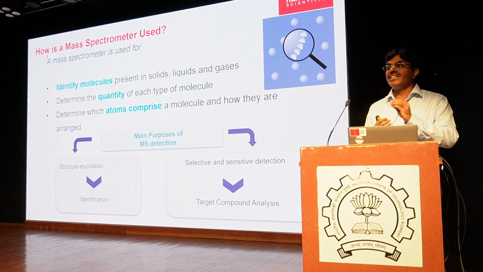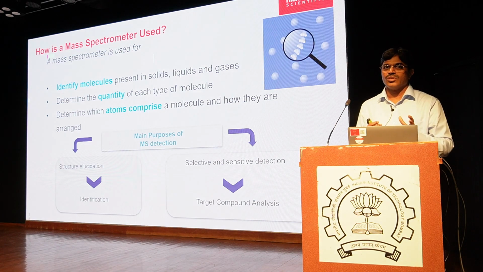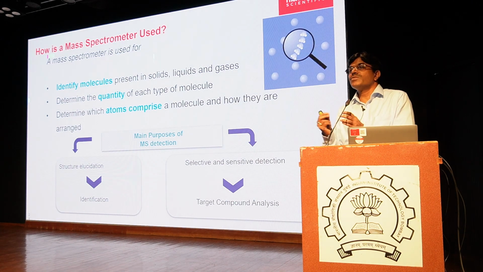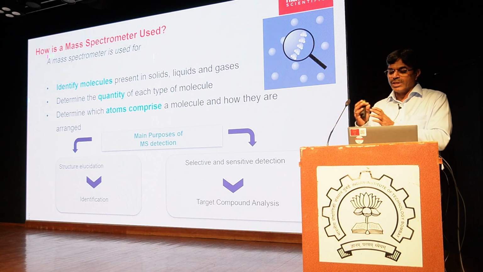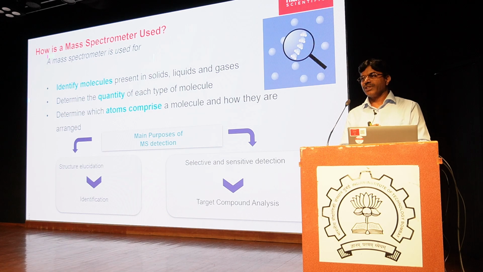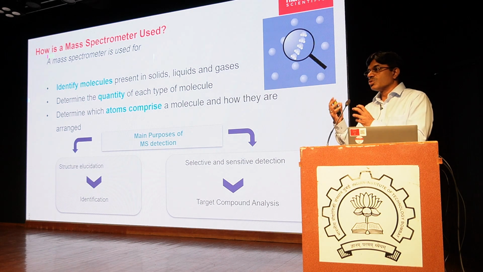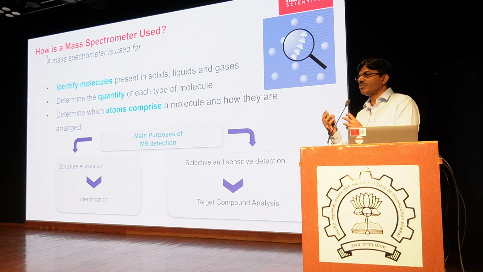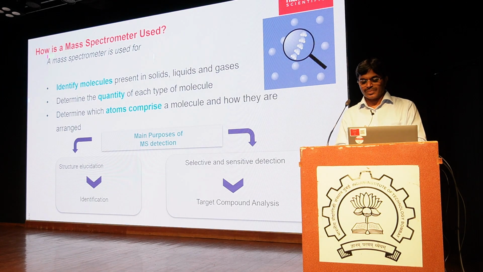Once you have identified the molecule, you would like to quantify it: how much of each of these compounds is present in your sample? So we do a quantitative analysis. When you are doing identification, you would also like to know what elements are present in my molecule, so that I can do the proper confirmation for a particular substance.